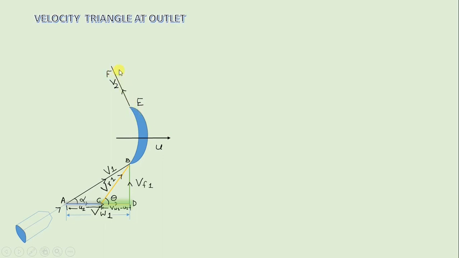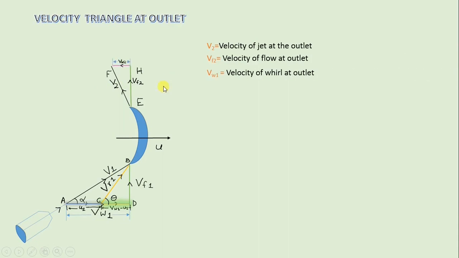Like V1, V2 also has two components. One is VF2, another one is VW2. VF2 is the velocity of flow at outlet, VW2 is the velocity of wheel at outlet, and the angle made between V2 and VW2 is beta.